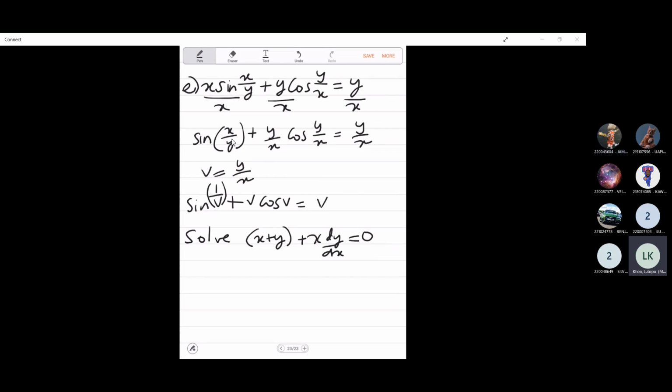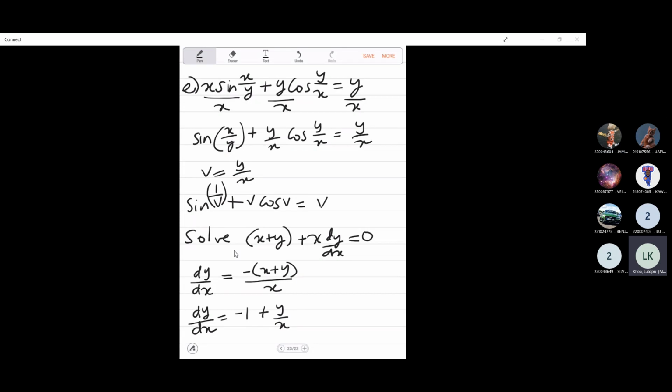So we can write this as dy/dx equal to minus (x plus y) divided by x. If I rewrite this, dy/dx is minus (1 plus y over x).